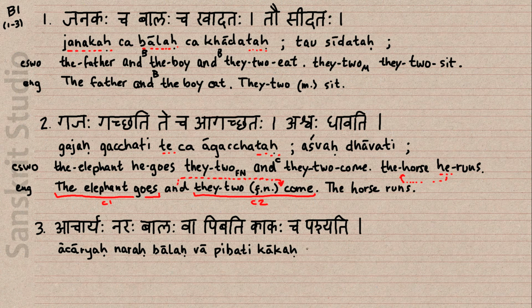We have a cha, and someone is looking or seeing something, pashyati. Acharya, naraha, balaha, va, pibati, kakaha cha pashyati.